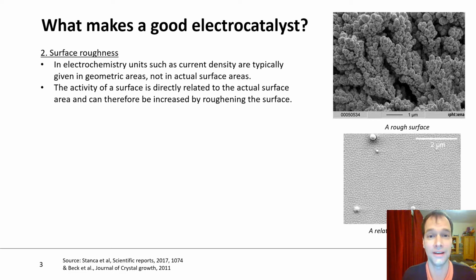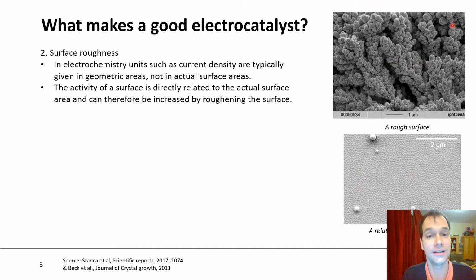And since in electrochemistry we normally plot current densities based on the geometric area, not on the real area, a material that has a very high surface roughness has a higher electrocatalytic activity than a material with a low surface roughness. You can see here two materials, very high surface roughness, very low surface roughness.